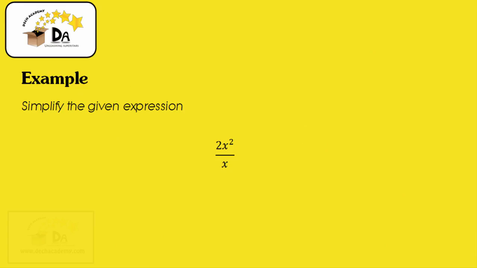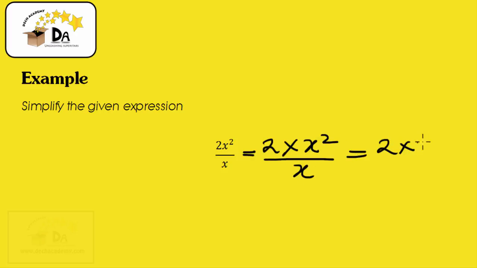Here's another example. We're required to simplify the expression 2x squared over x. One approach is to write the fraction out as follows. 2 times x squared divided by x, which is the same as, instead of x, write 1 times x, because 1 times x is x. This is one fraction.